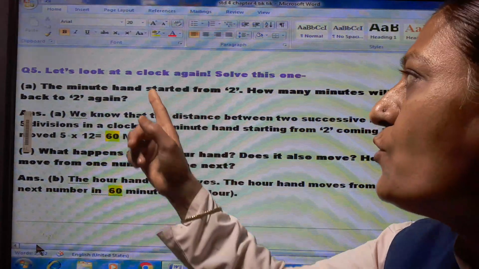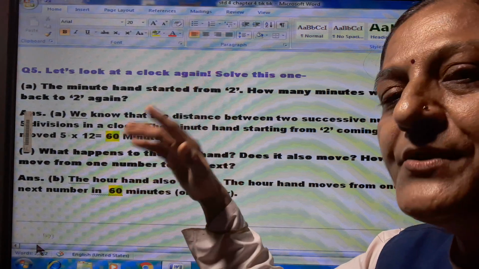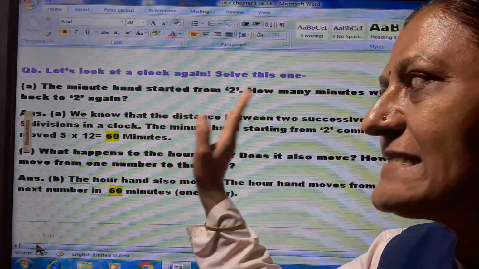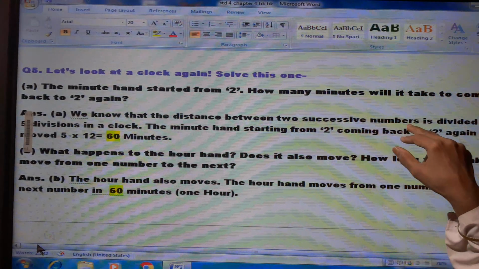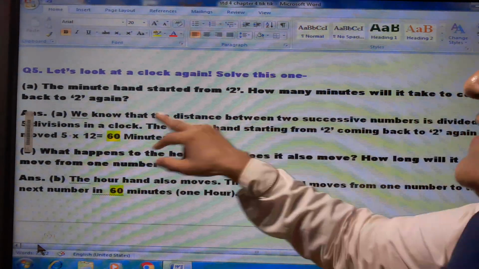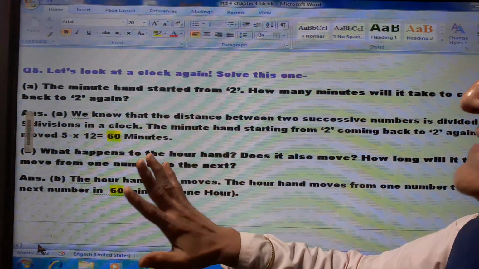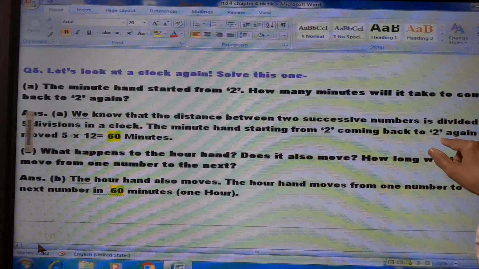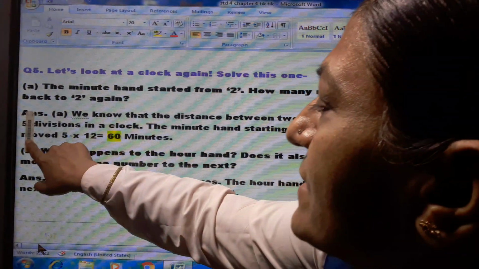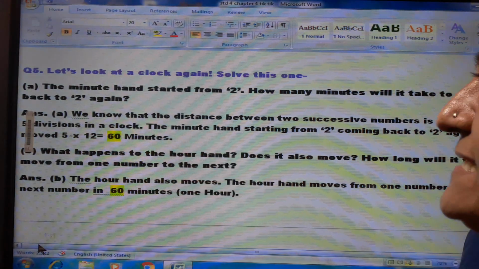So when one round is over, then 12 into 5 is equal to 60 minutes. We know that the distance between two successive numbers is divided into 5 divisions in a clock. The minute hand starting from 2 and coming back to 2 again covers 5 into 12 is equal to 60 minutes.